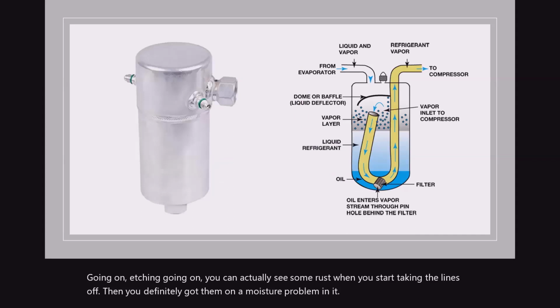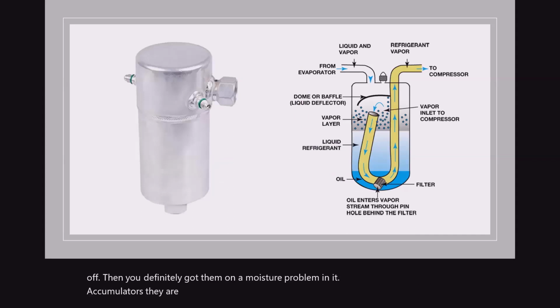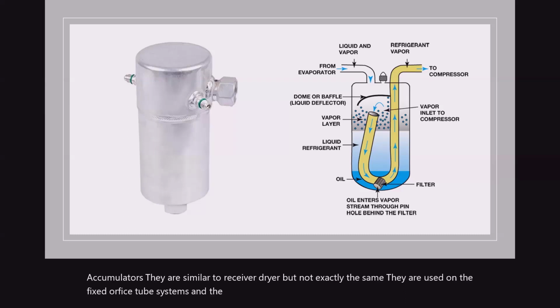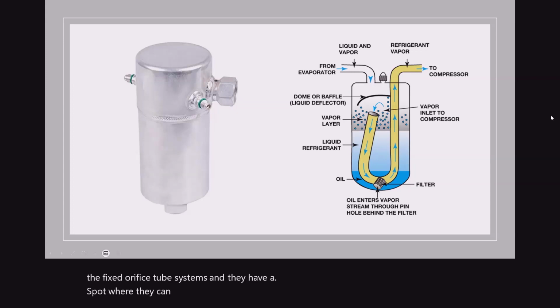Accumulators are similar to a receiver dryer, but not exactly the same. They are used on the fixed orifice tube systems, and they have a spot where they capture the oil, and there's a small hole in the bottom of the screen so it can pull some of the oil in.